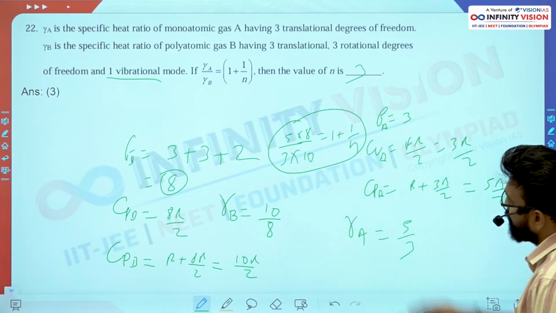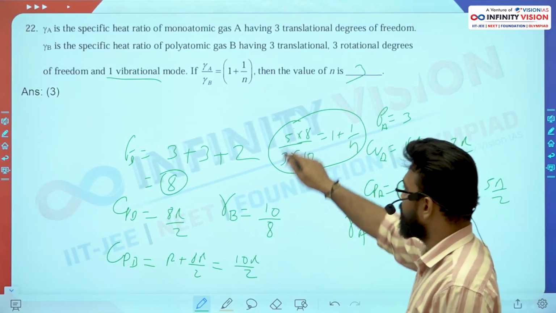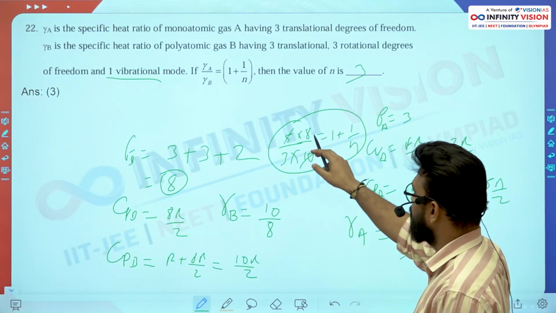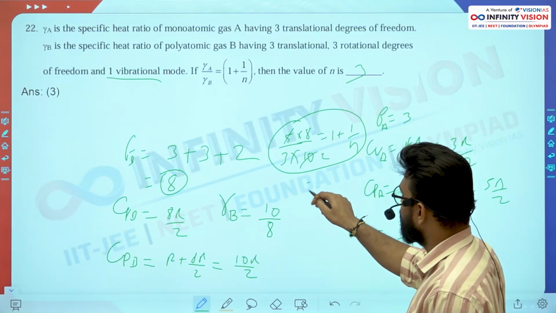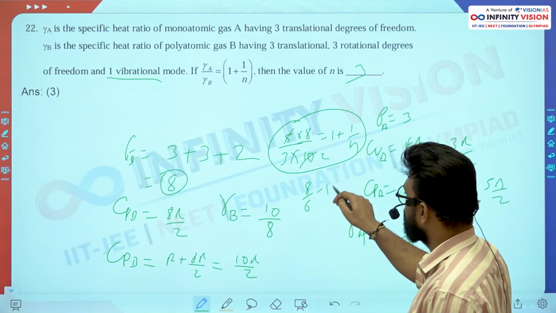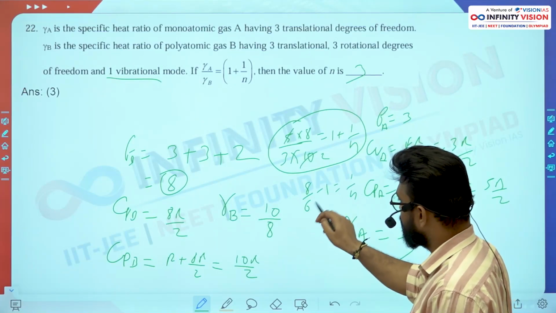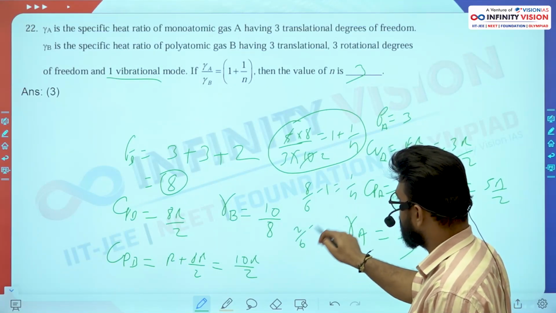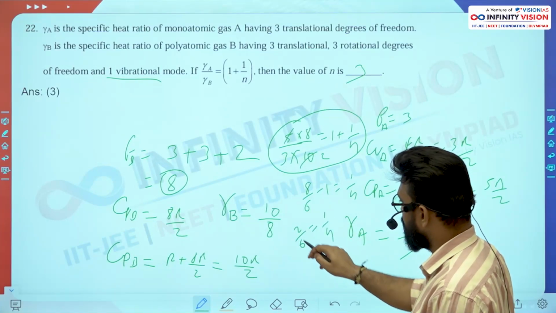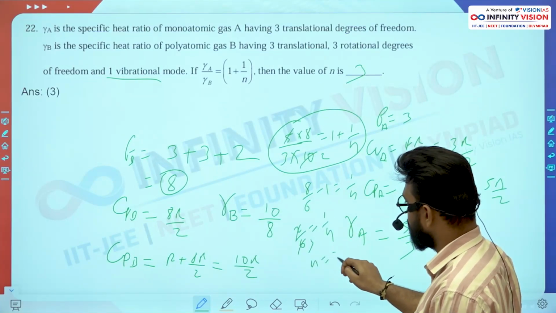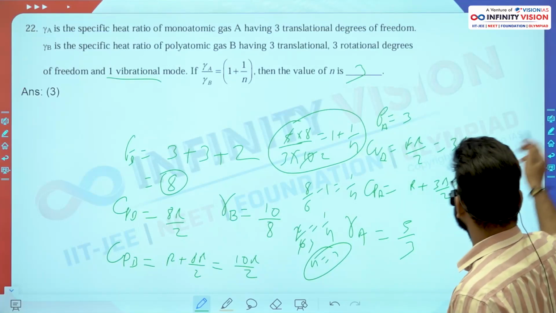Solve this, easily 3 will come. 5 by 3 times 8 by 10 is 4 by 3, 4 by 3 minus 1 is 1 by n, right? So this is 1 by 3 equal to 1 by n, so n comes out to be 3. Okay?